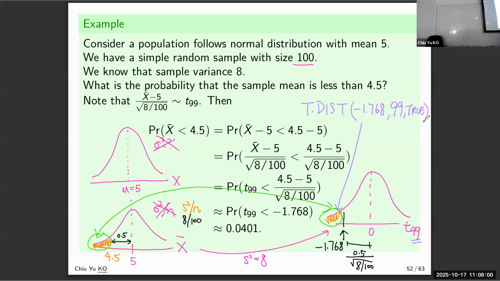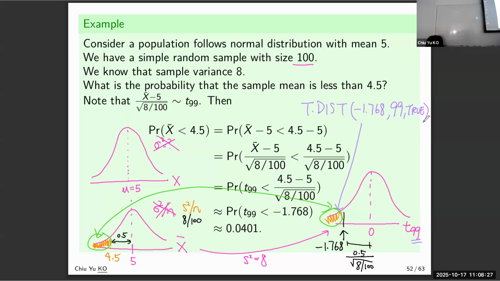You don't check the number one table, because it has no meaning. You check the 99th table. So that is how you get the answer.